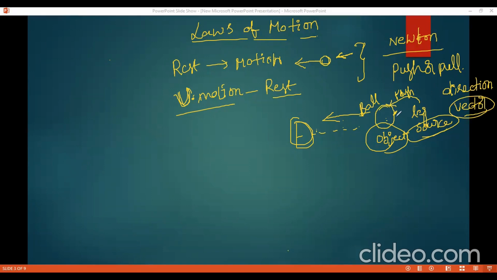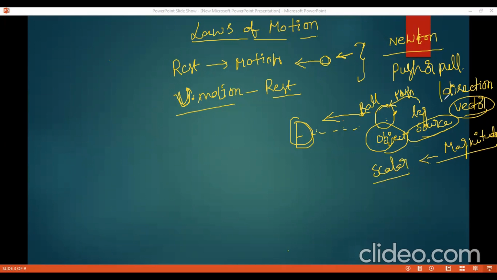If you apply less pressure on the ball, it moves a short distance, right? If you apply more pressure, the ball is going to move more distance. That is less and more, which is nothing but our magnitude, right? If you talk about only magnitude, that is called a scalar quantity.